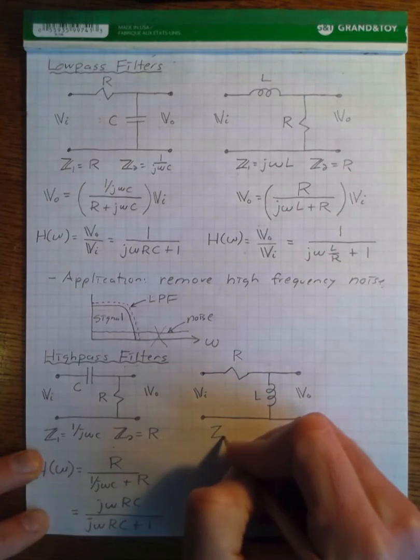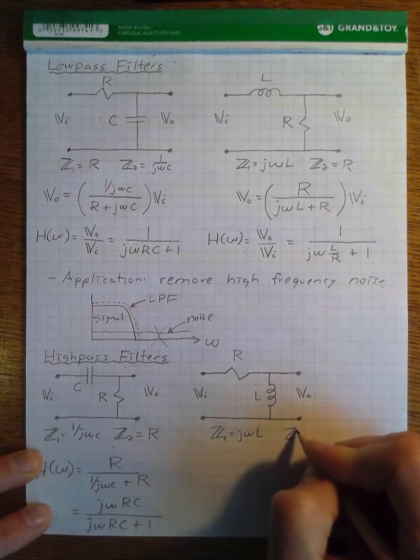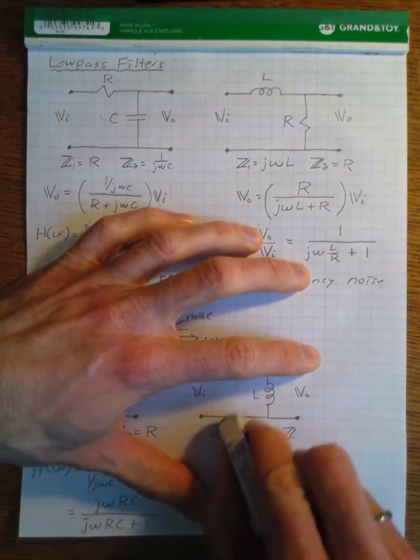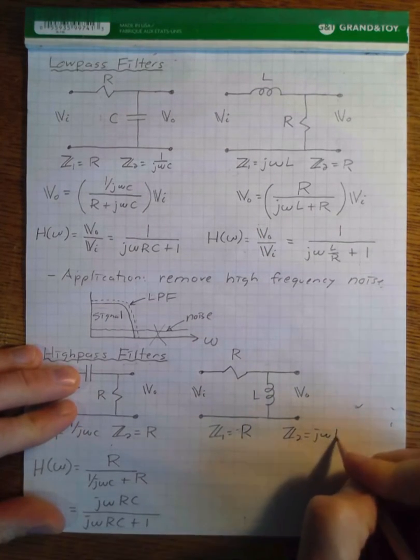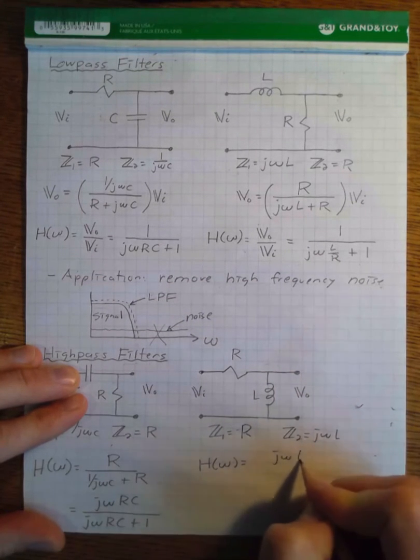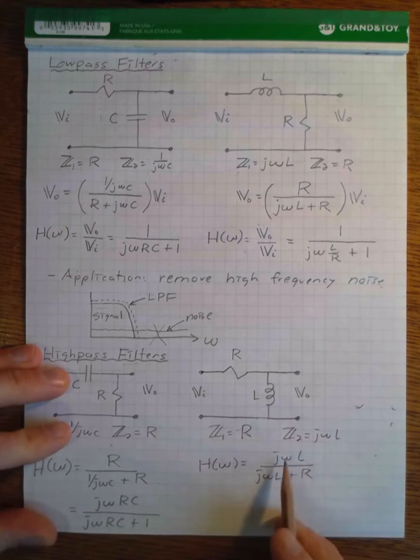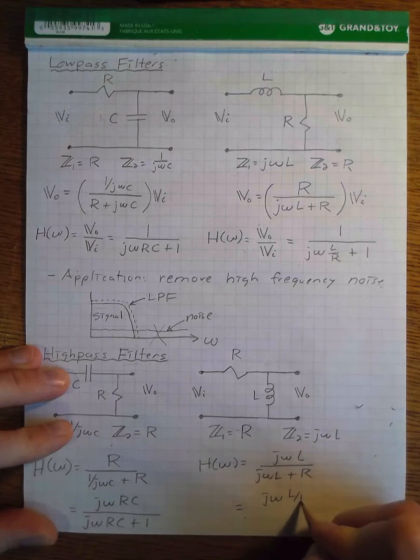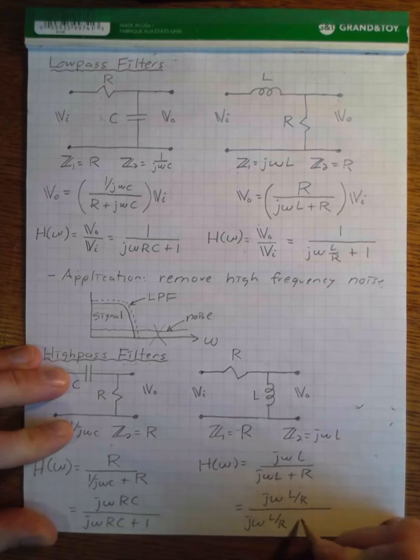Over here, we have Z1 is equal to R, Z2 is equal to j omega L. H of omega then is equal to j omega L over j omega L plus R. And then if we multiply the top and bottom by 1 over R, we have j omega L over R over j omega L over R plus 1.